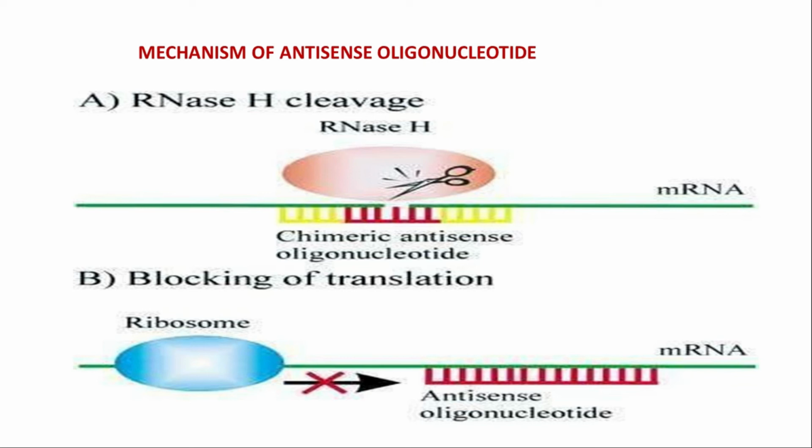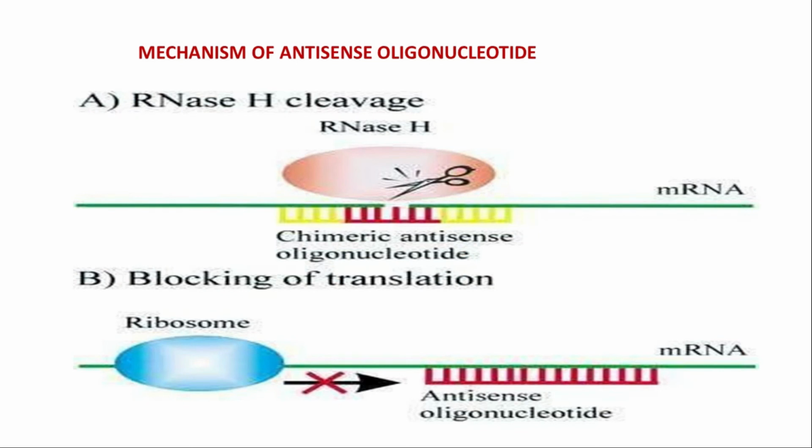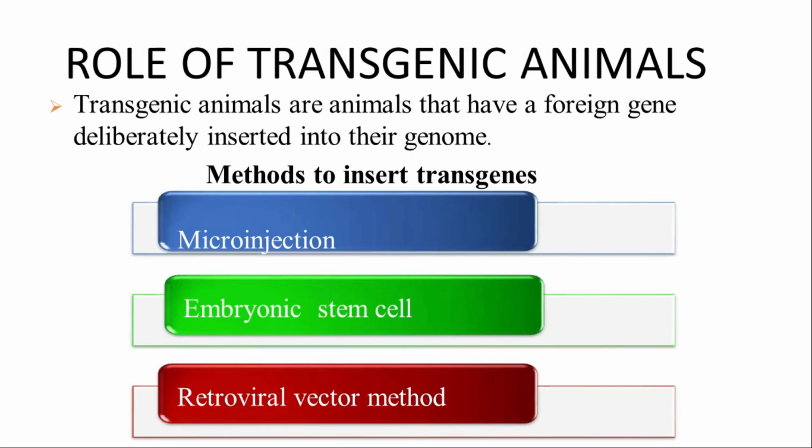Mechanism of antisense oligonucleotide, as I think it is clear from this diagram: RNase H cleavage, the cleavage process, and chimeric antisense oligonucleotide and blocking of translation, and the ribosome is unable to form protein of desired nature.